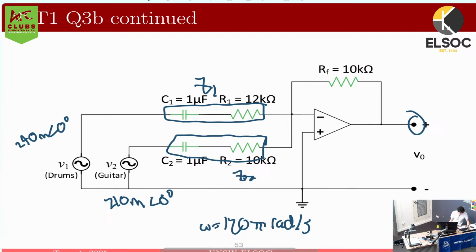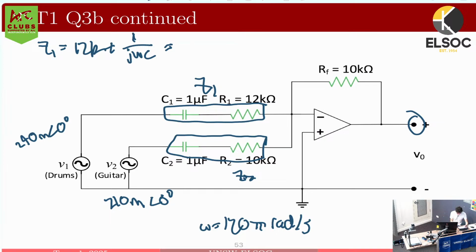So what we can do is that we know Z1 is equal to 12k in series with this impedance, which is 1 on j omega C. Now we know omega is 120 pi radians. So I'm just plugging this into my calculator right now, multiplied by the capacitance, which is 1 times 10 to the negative 6.